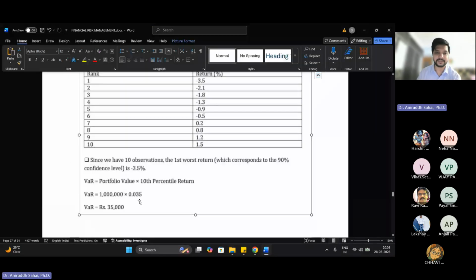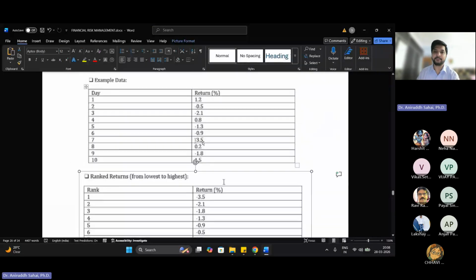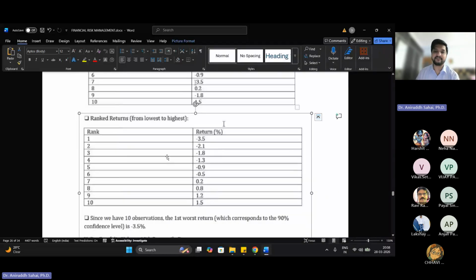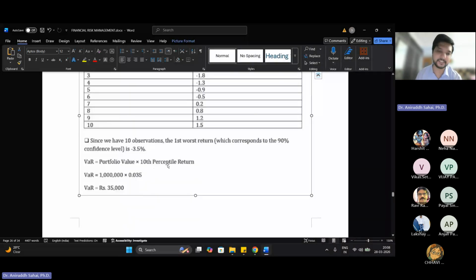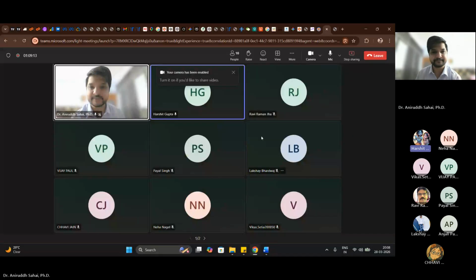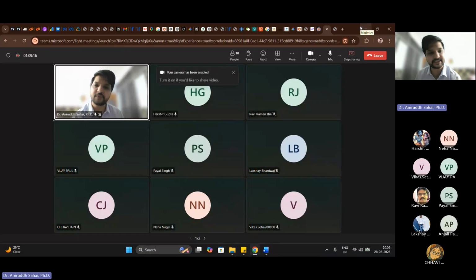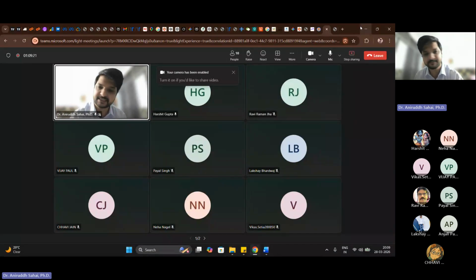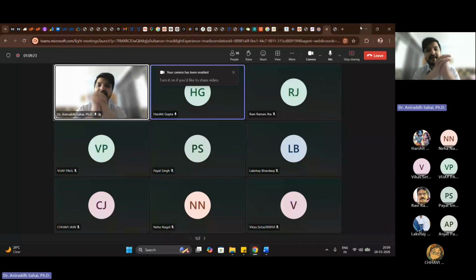That is 3.5%. जो फर्स्ट ऑब्जर्वेशन है, हमने पूरे डेटा को arrange sequentially from low to high returns. And if we want to say with 90% confidence, तो हम 10 ऑब्जर्वेशंस है उसका 10% लेंगे. 10% मींस फर्स्ट, तो जो लोएस्ट रिटर्न था वो फर्स्ट ऑब्जर्वेशन मतलब 3.5% which is 0.035. 3.5% मींस माइनस नहीं आया सर इसमें? नहीं, माइनस इसलिए नहीं आएगा क्योंकि वो तो लॉस ही है. लॉस हम बता रहे हैं कि VAR मतलब कि मैक्सिमम हमारा वैल्यू एट रिस्क कितना है, 35,000 रिस्क पे हमारा.